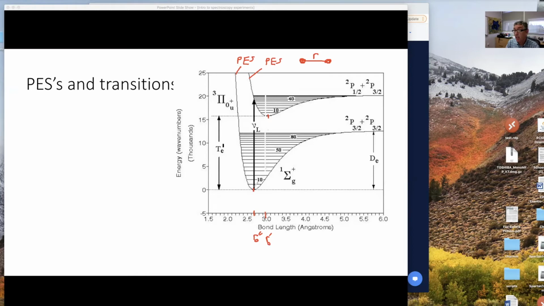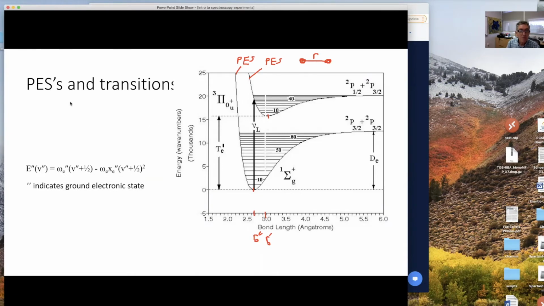That's largely because the molecule is less tightly bound when it's in the excited electronic state. Okay. You'll also notice that the vibrational levels are a little more closely spaced in the upper state than in the lower state. That's because the vibrational frequency or the vibrational constant is going to be smaller in the upper state than in the lower state.